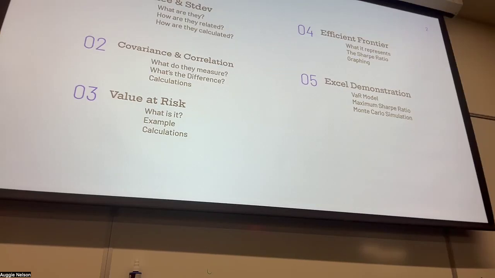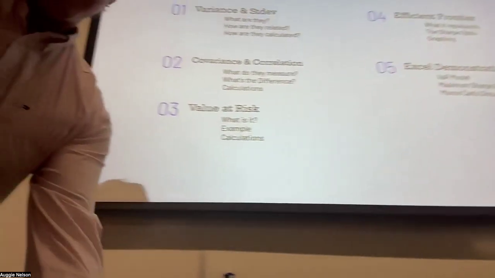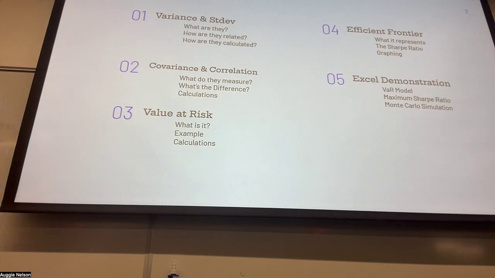So here's what we're going to be talking about today. We're going to start with some statistical concepts. If you've taken a stats class or Finance 351 and/or 355, this will be review. I apologize for that, but I want to make sure we all go at the same pace.